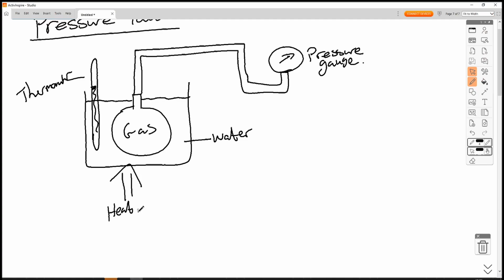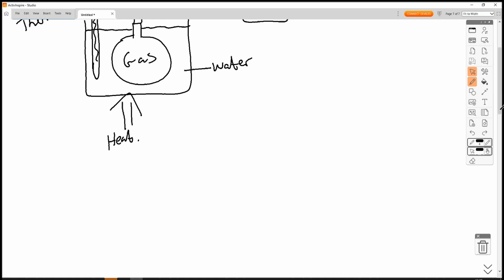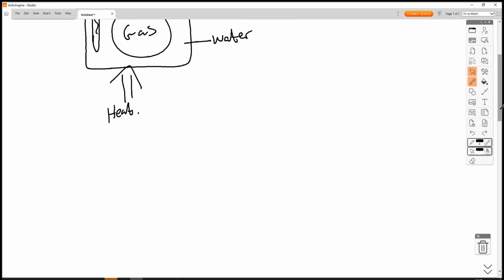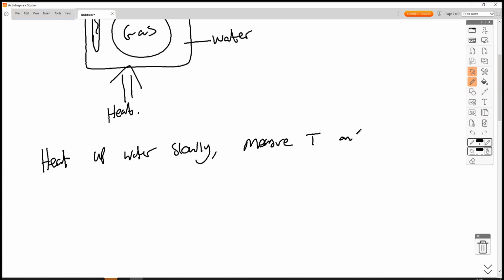So we can change the temperature and measure the pressure while keeping the volume fixed. So we say heat up water slowly and measure T and P to obtain a set of results.